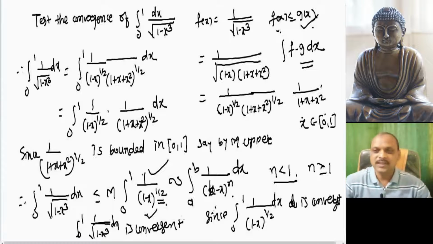So, here you can see how we have applied the integration of 1 divided by (x minus a) whole raised to n. Here we have taken (b minus x) whole raised to n, since this integration has an infinite singularity at the right end of the bounds.